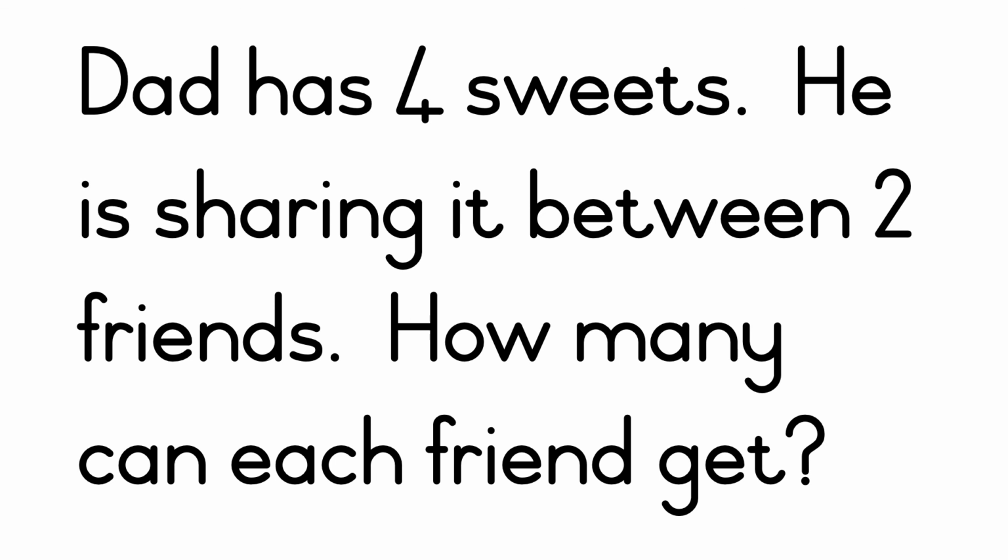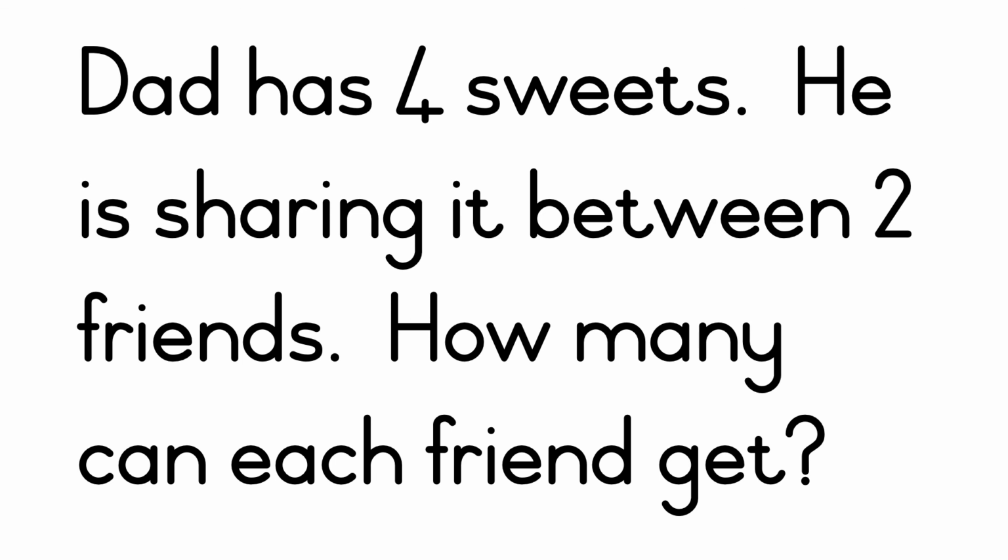Pack out your 4 counters for your 4 sweets and draw your 4 circles. After that, you draw your 2 tummies nice and big. And then you start sharing it out for me. Remember to scratch it out as you share so you don't get muddled up.